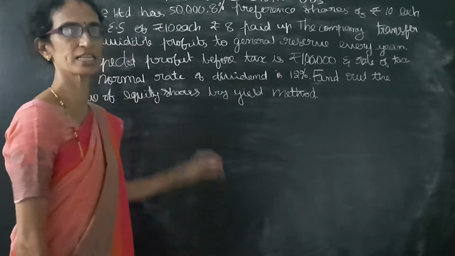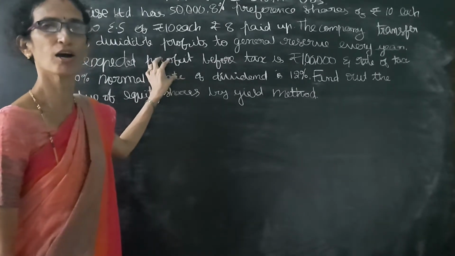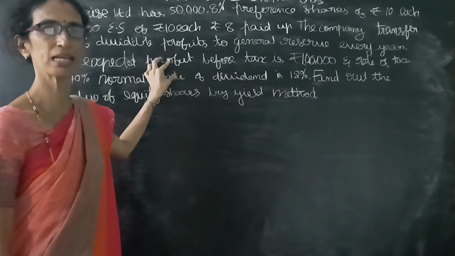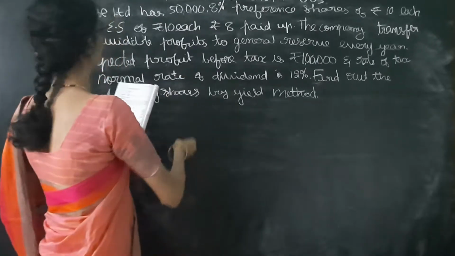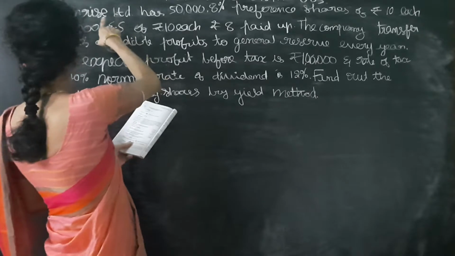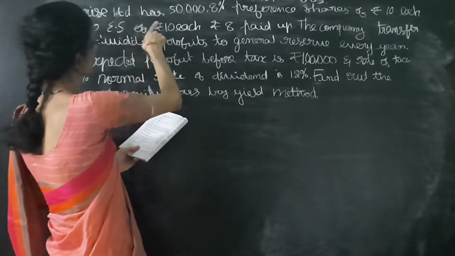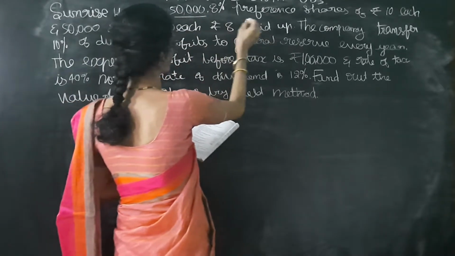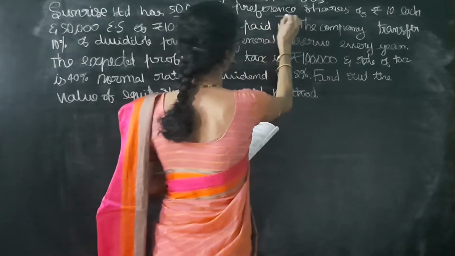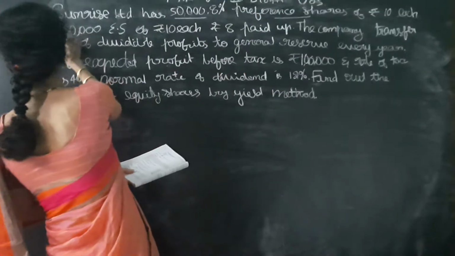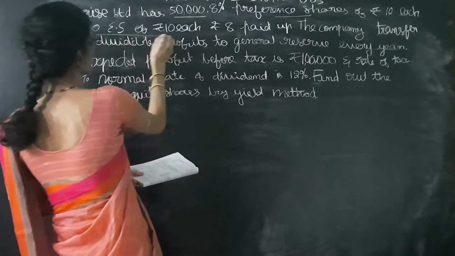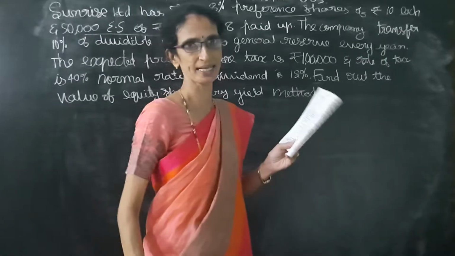Now I am taking Financial Accounting 5 of final year BCom under that, valuation of shares. So this is the problem. Read the problem. Sunrise Limited has 50,000 8% preferred shares of rupees 10 each and 50,000 equity shares of rupees 10 each.